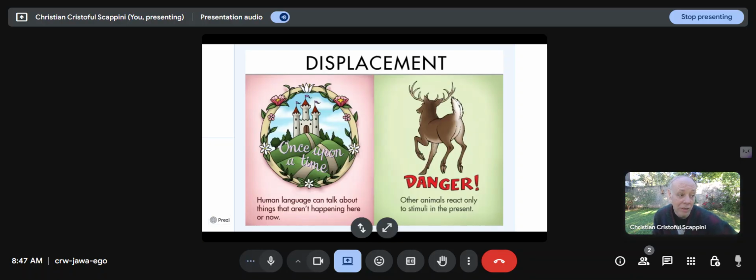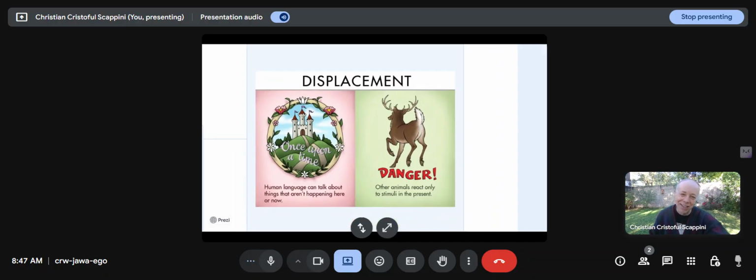They can talk about things that are happening at the moment. Yes, they can express that. So both human beings and animals show displacement, but animals have limited displacement.